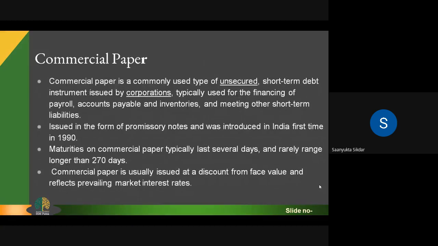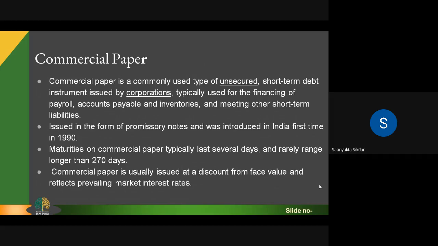Now, we move on to another important money market instrument, that is the commercial paper. Commercial paper is commonly a type of unsecured short term debt instrument which is usually issued by corporations. They are typically used for the financing of payroll, accounts payable, inventories, and meeting other short term liabilities.